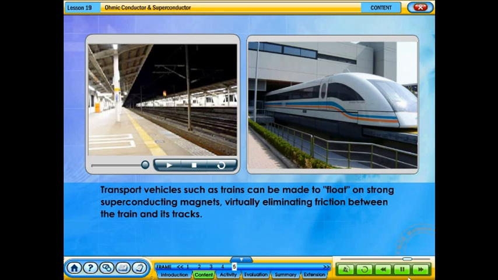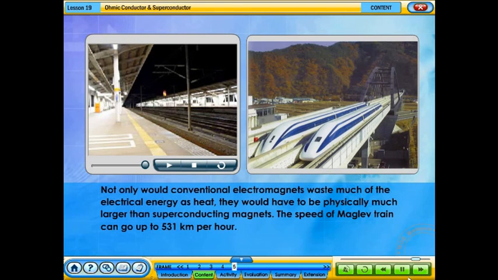Transport vehicles, such as trains, can be made to float on strong superconducting magnets, virtually eliminating friction between the train and its tracks. Not only would conventional electromagnets waste much of the electrical energy as heat, they would have to be physically much larger than superconducting magnets. The speed of the maglev train can go up to 531 kilometers per hour.